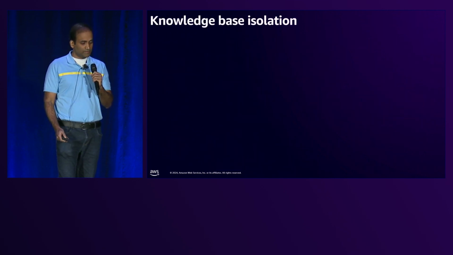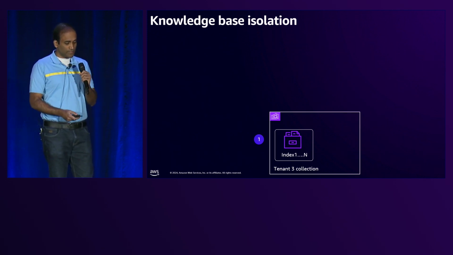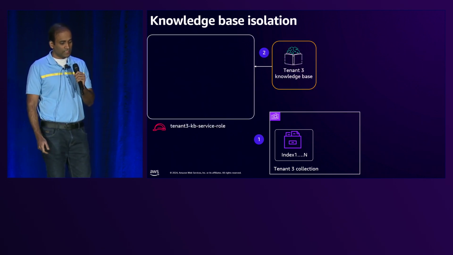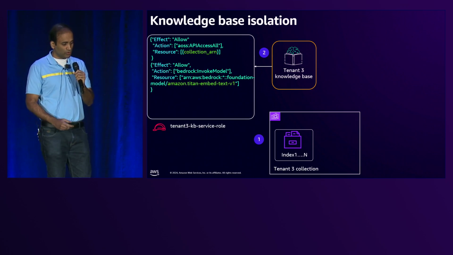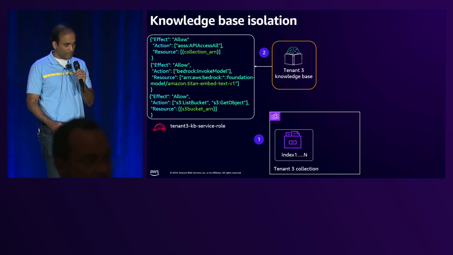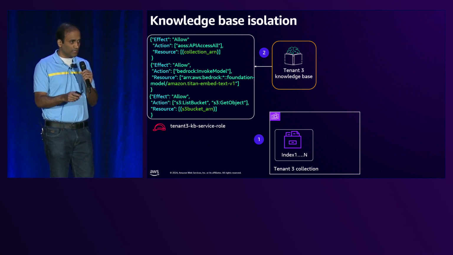Now let's double-click on these three components and understand how you could enforce tenant isolation. Again, for the knowledge base, you've seen in the premium tier, we are creating a dedicated collection in the OpenSearch Serverless collection. For the knowledge base, you would attach a service role to access the collection and then interact with the embedding model. Here, you're making sure this knowledge base is only interacting with the dedicated S3 bucket.